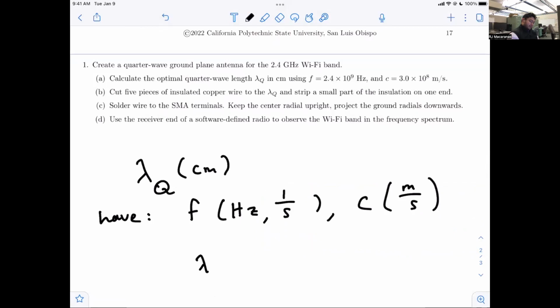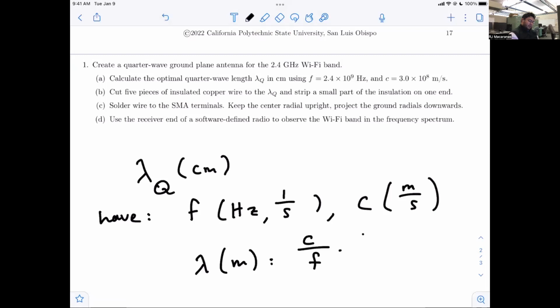So we can get something in meters. So we have some lambda in meters, just by taking some length. Lambda is like lowercase l here. So we can find some length by taking c divided by f. So meters per second divided by 1 per second, you get rid of that 1 per second here.